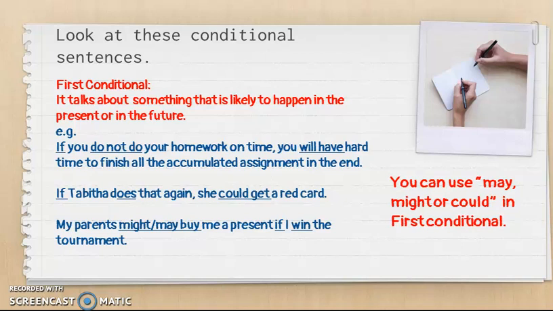And you also notice that may, might, could is used in first conditional. You do not really need to use present tense. May, might, could will indicate probability, possibility, something that is likely to happen in the present or in the future.